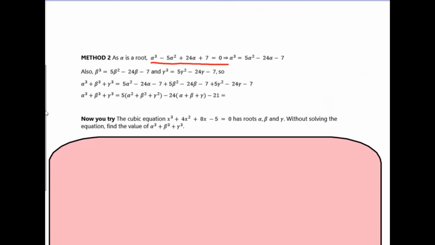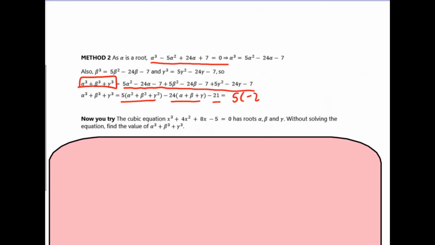We can do exactly the same thing for beta and gamma. And then when we are asked for alpha cubed plus beta cubed plus gamma cubed, we can add each of these together and collect up our like terms. So adding each of these together is here. And then collecting up our like terms results in this thing here. This is useful because we already have the results for alpha squared plus beta squared plus gamma squared earlier in the question.